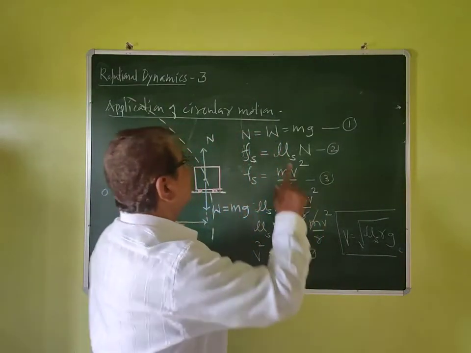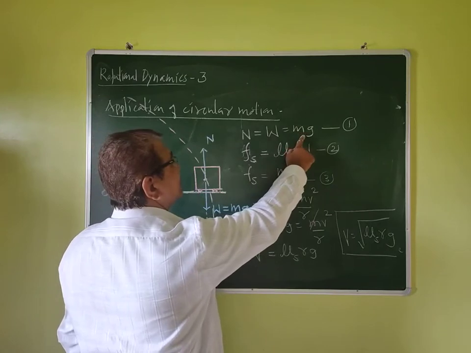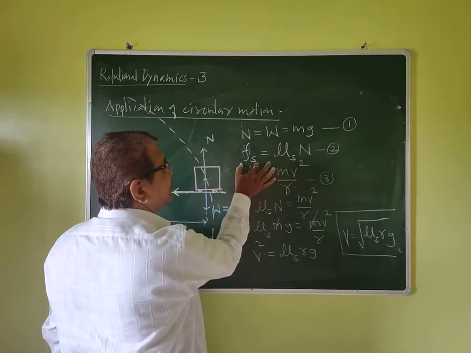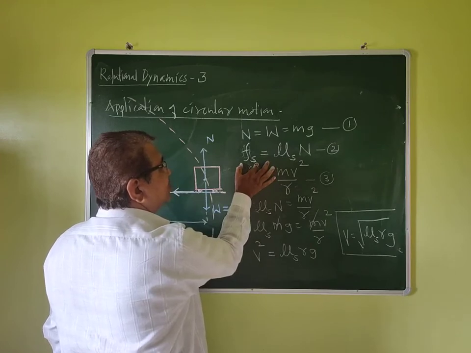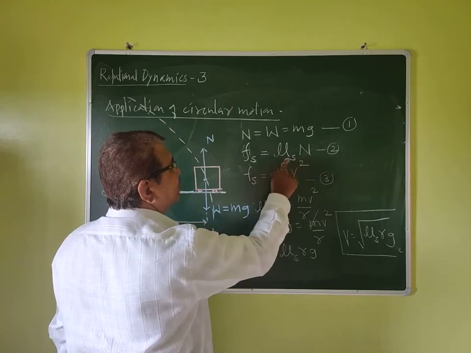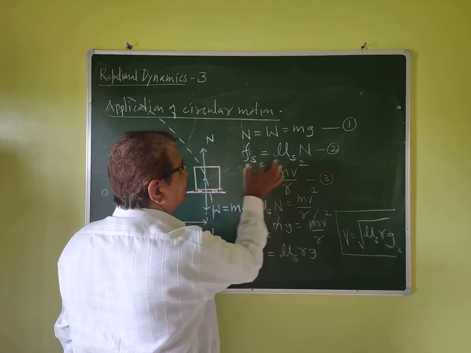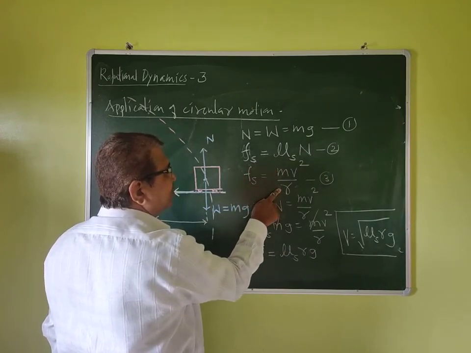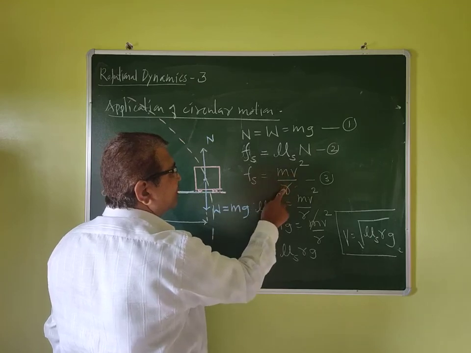See here, normal reaction is balanced with the weight of the body, which is equal to mg. So force of friction Fs, from the law of friction we can write the formula Fs is equal to mu s into N. Mu s is called the coefficient of static friction. This is equation 2. This force of friction is acting in the role of centripetal force. So the formula of centripetal force is mv square upon r.